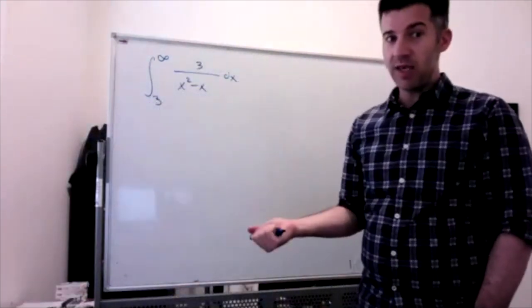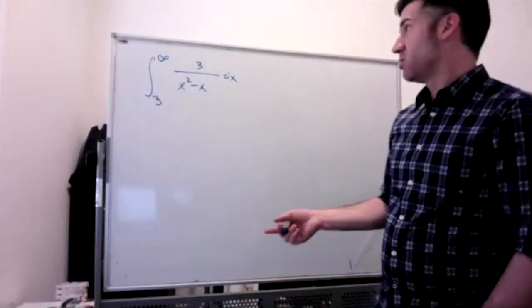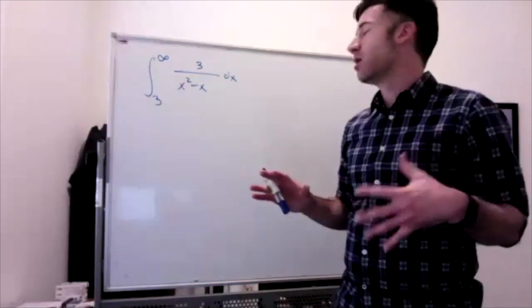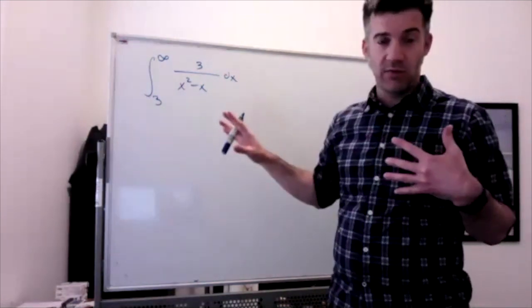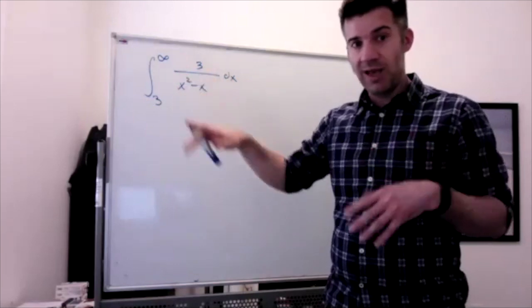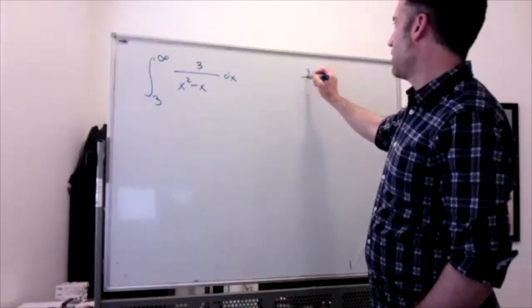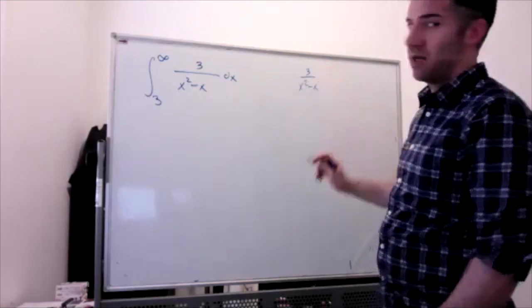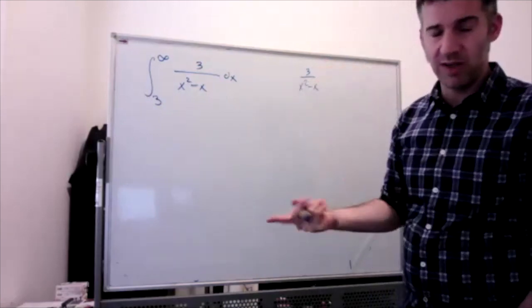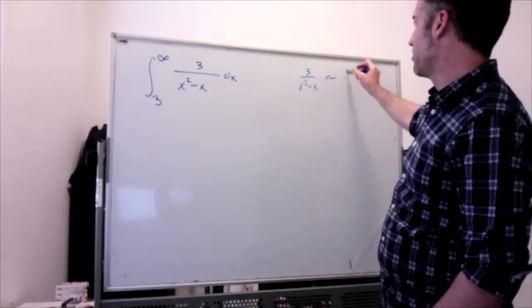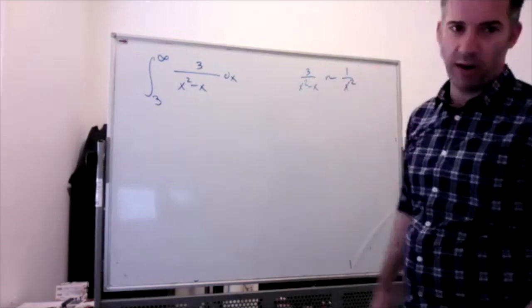When I'm looking at a rational function and it's an improper integral, I'm thinking of the highest powers of x. So this 3 over x squared minus x, when I see that, what I really see is, oh, that looks like 1 over x squared.